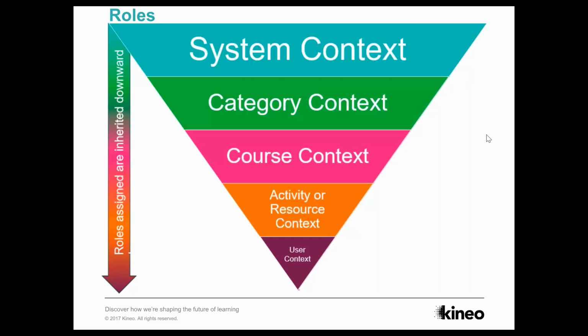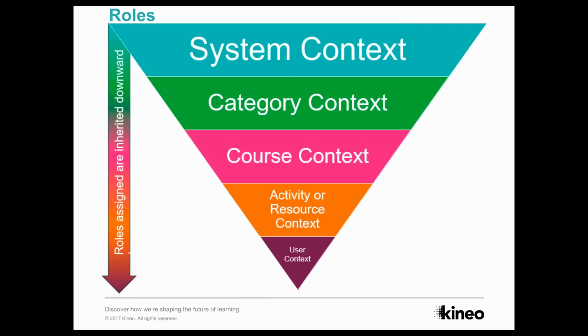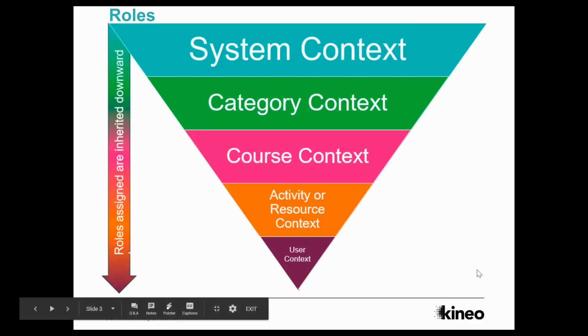Then you've got a category context, course context, activity, resource, or block context, and then you even have user context. The user context is where your staff manager is typically assigned, typically always. But that's just a refresher of those roles, where they're assigned and the contexts they can be assigned in.